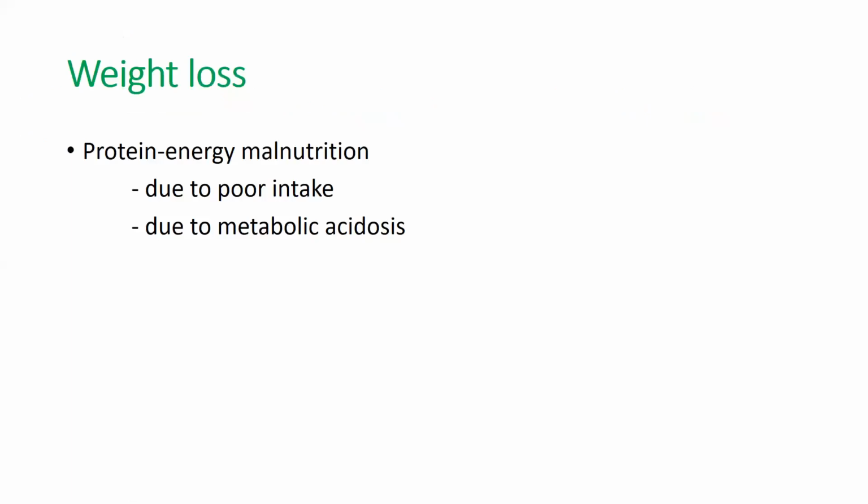Another clinical manifestation is weight loss, and that is mainly because of uremia, toxic materials accumulating in their bodies because of low GFR. These patients will have poor intake, loss of appetite, metabolic acidosis, and this will lead to protein energy malnutrition, and they lose a lot of weight because of this.